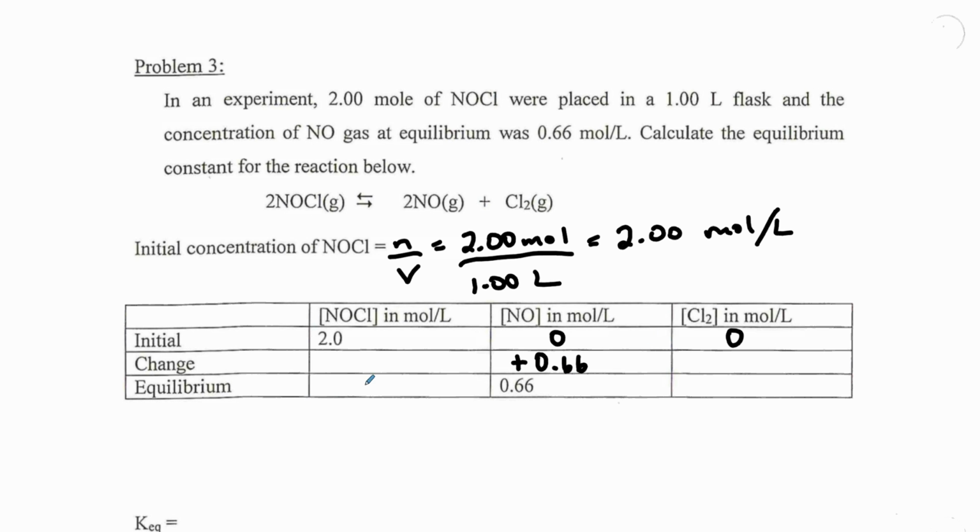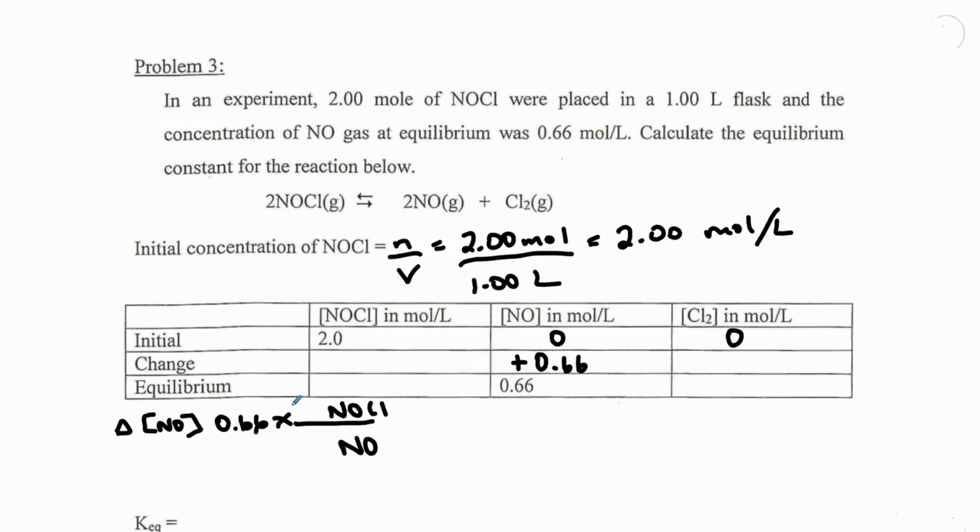So let's figure out how the rest of the table should be filled in. So the change in concentration of NO is 0.66 multiplied by the mole ratio. So I'm going to put NO on the bottom, and I'm going to start with NOCl on the top.